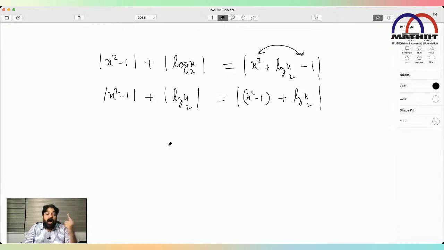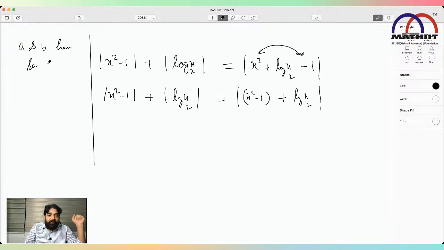In mathematics, how will you say A and B have the same sign? If I say A and B have the same sign, this is the English language. But in mathematics, how will you write this statement? Anyone can tell me? A and B having the same sign, in mathematics language, how will you write?